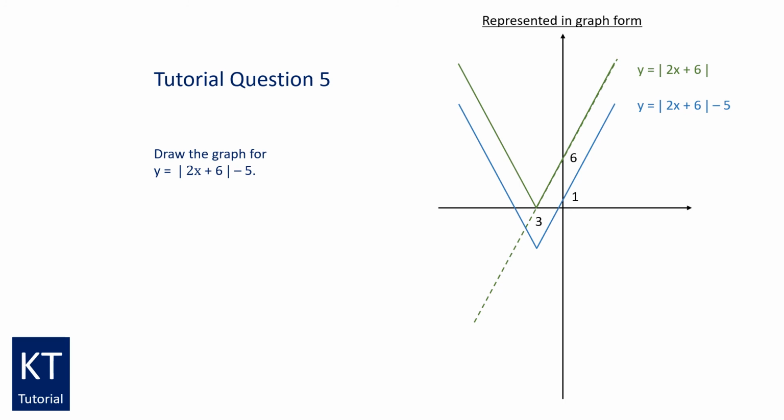To obtain y equals the modulus of 2x plus 6, we would invert the negative portions of the green dotted line to form the V-shaped green line. As for the required y equals modulus 2x plus 6 minus 5, we would be moving the V green line downwards by 5 units, and this is the blue line and the solution.